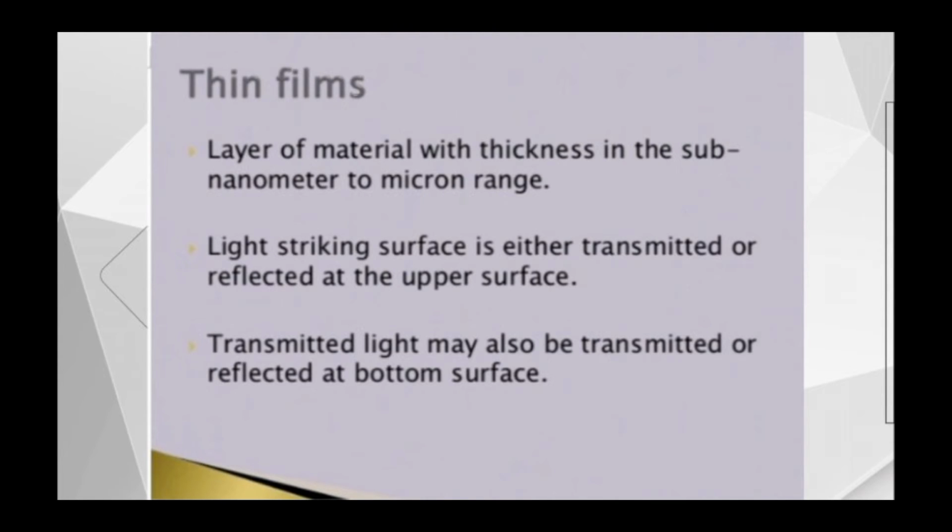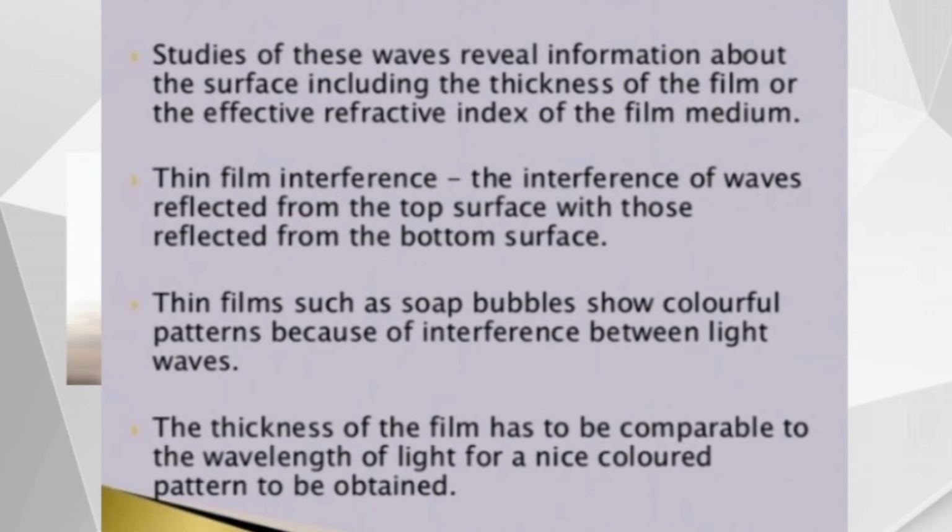Light striking a surface is either transmitted or reflected at the upper surface. Transmitted light may also be transmitted or reflected at the bottom surface. Studies of these waves reveal information about the surface, including the thickness of the film or the effective refractive index of the film medium.